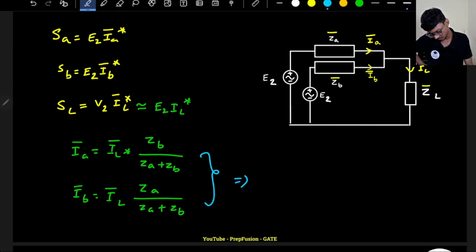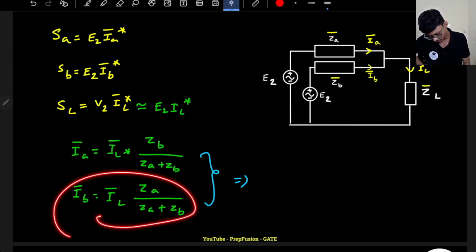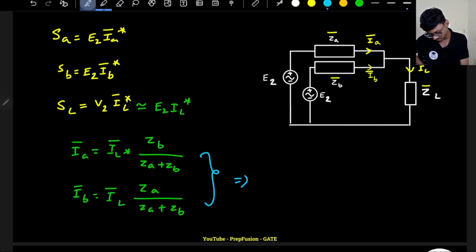If I replace IA here, my SA will be equal to E2 into IA bar. IA bar will have ZB in it.